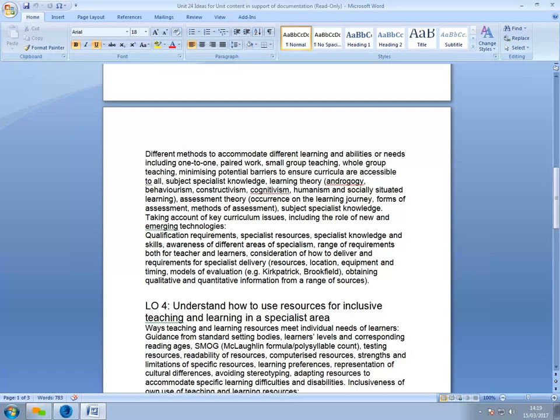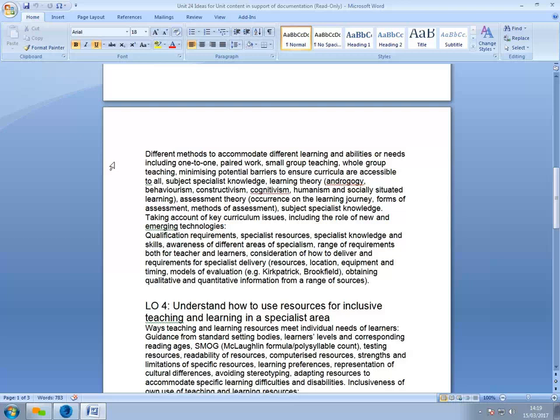Ensure curricula are accessible to all, subject specialist knowledge, learning theory, andragogy, behaviourism, constructivism, cognitive, humanist and socially situated learning, assessment, occurrences on the learning journey, assessment methods, subject specialist knowledge, taking account of key curriculum issues, including the role of new and emerging technologies, qualification requirements, a whole host of things in there.